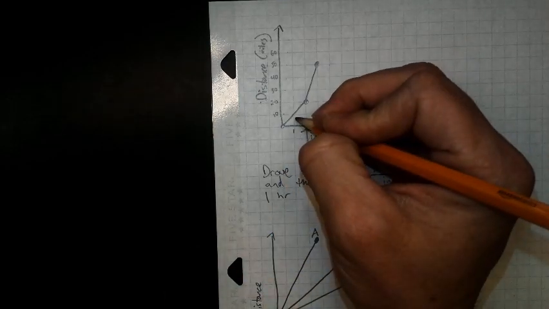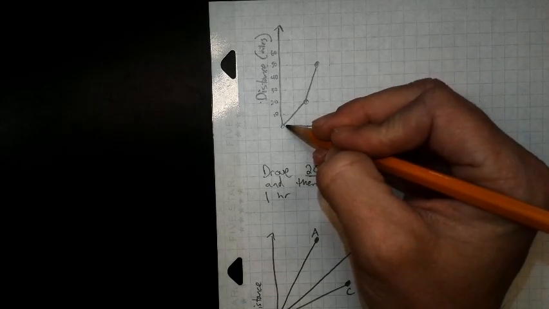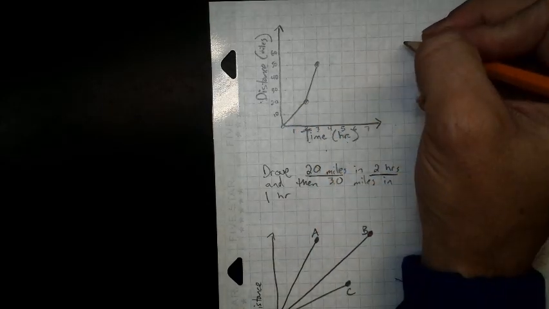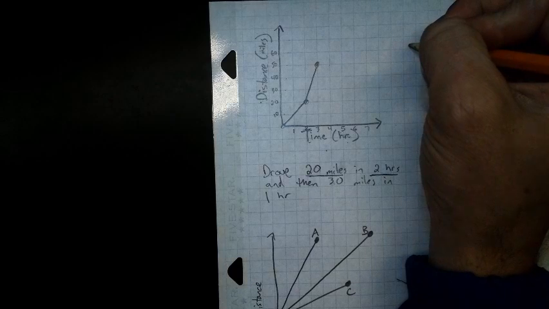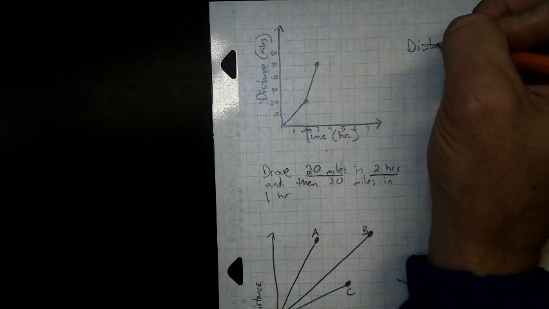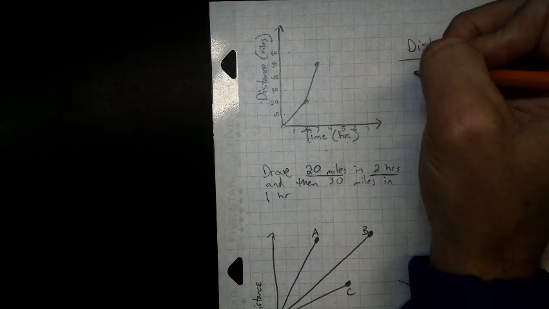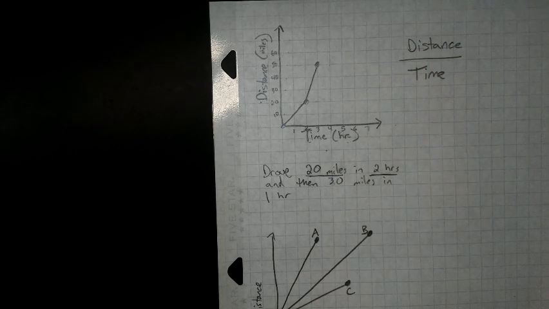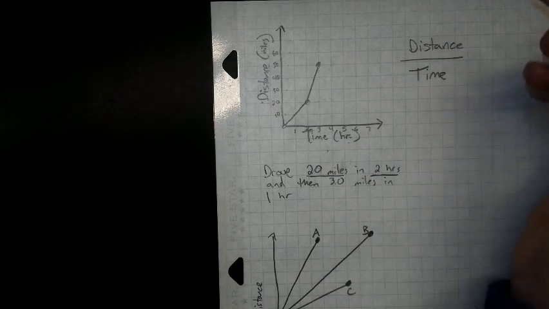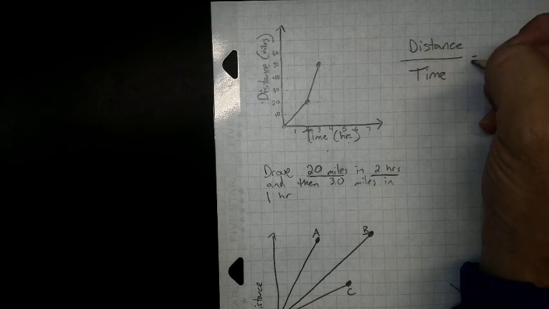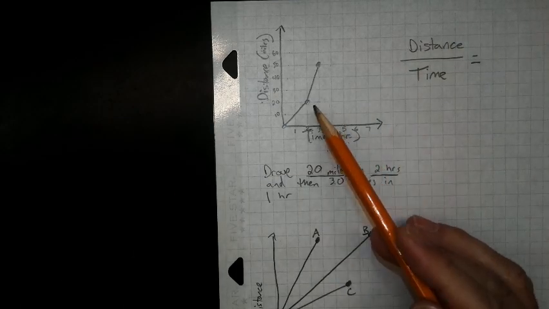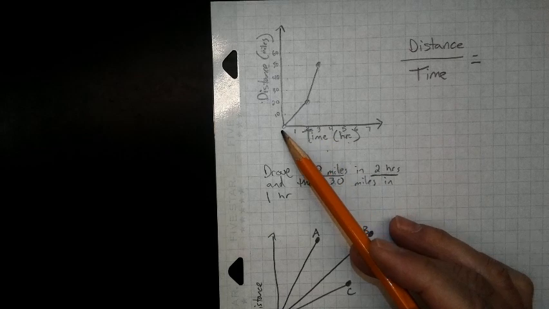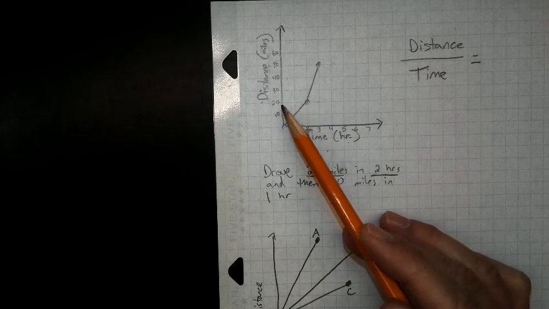Looking at this first scenario, to calculate the speed we do distance divided by time. If you want the average speed, you use the total distance and the total time, but we're going to look at individual segments here. The distance of my first section of the drive was 20 miles.